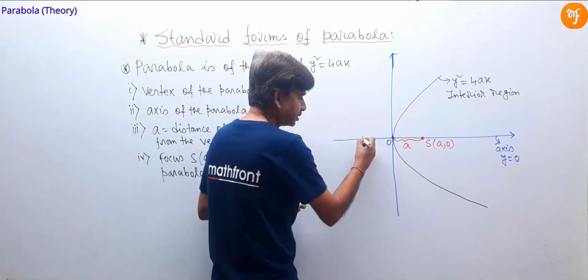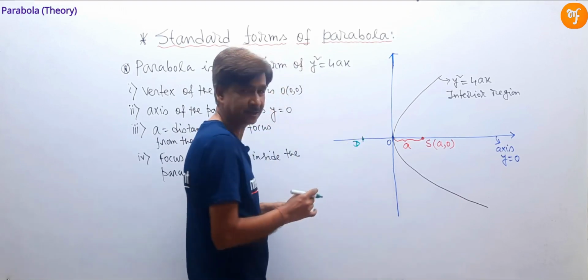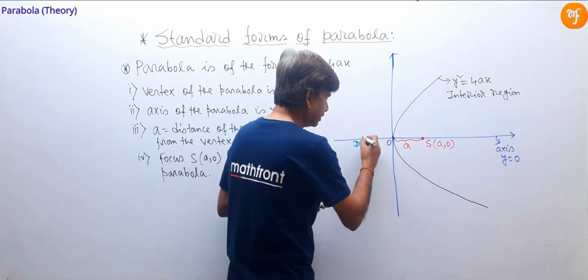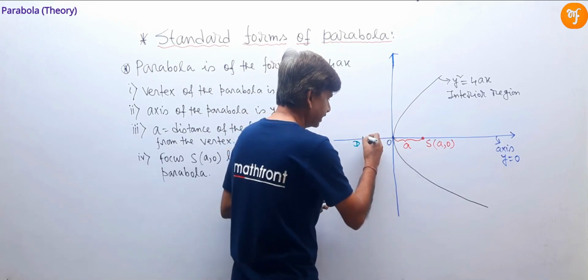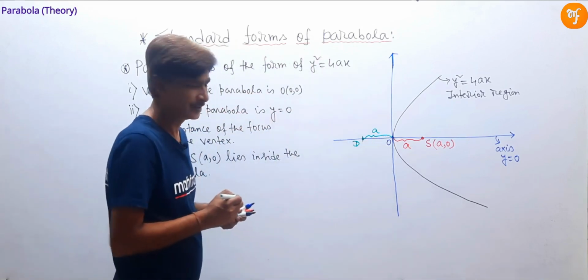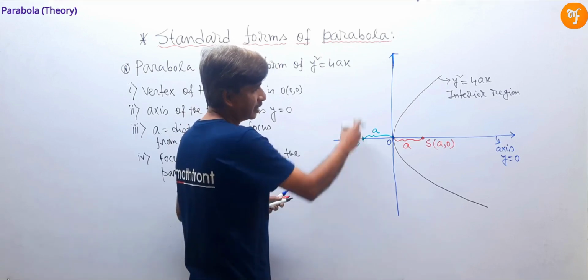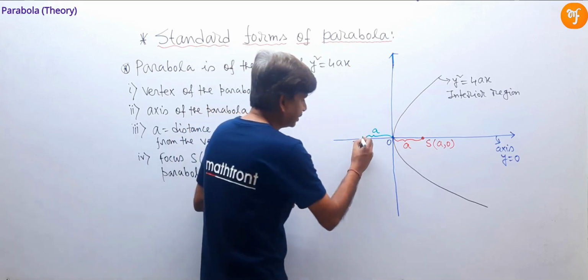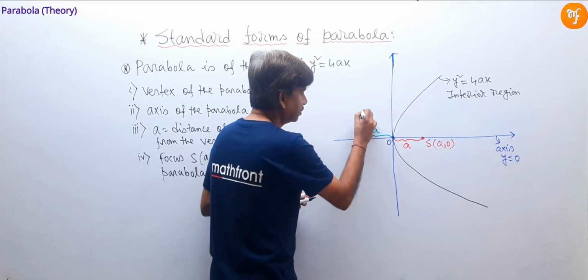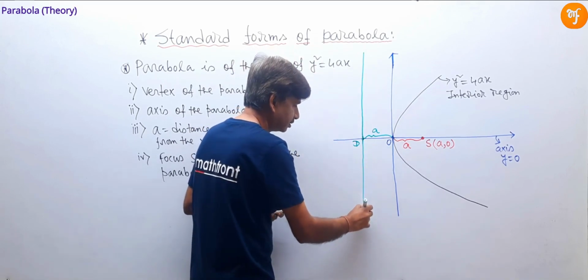Suppose this point is D, distance of this point D is a unit from the vertex. Okay, clear? Got it? Now, directrix is perpendicular to the axis of the parabola. So, this will be the directrix.